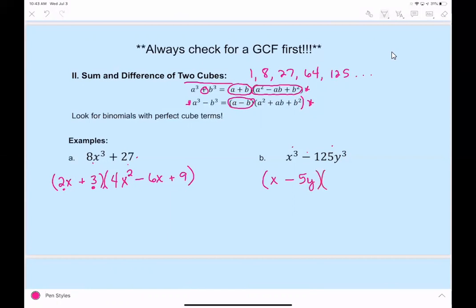Now what we're going to do is we're going to cube the x. My sign now is a plus, and then I'm going to multiply x and 5y together to get 5xy. And then I'm going to have a plus again, and to get the last term, I'm going to square the 5y to get 25y squared.